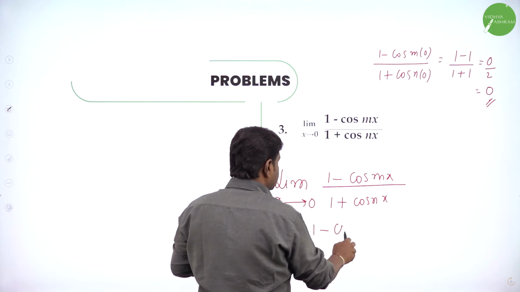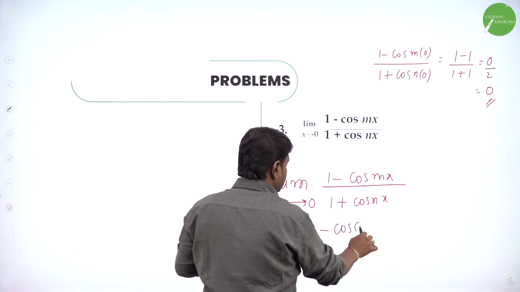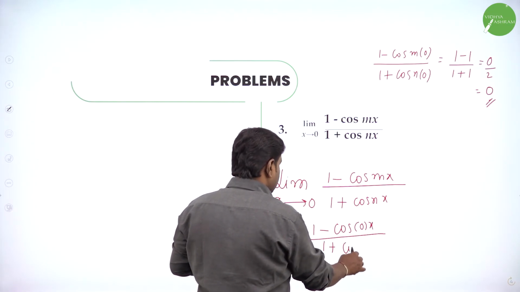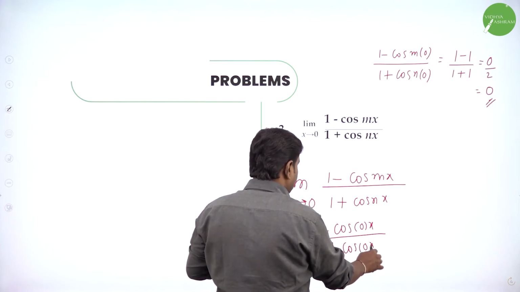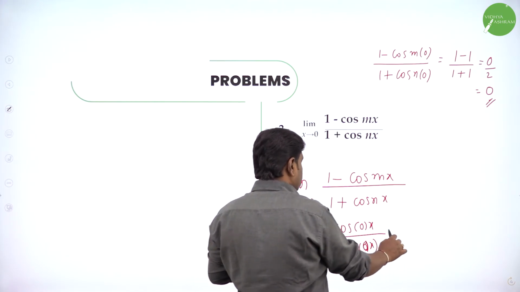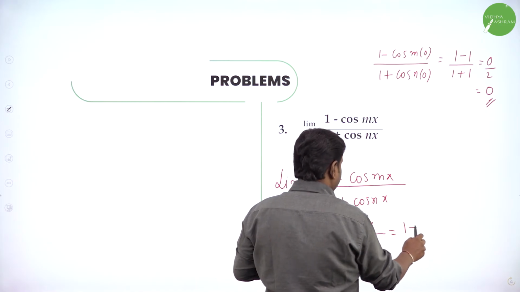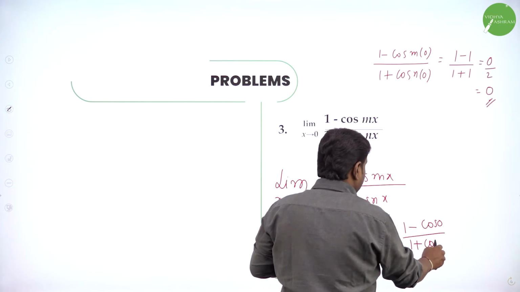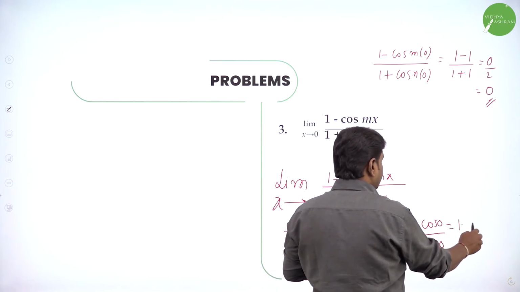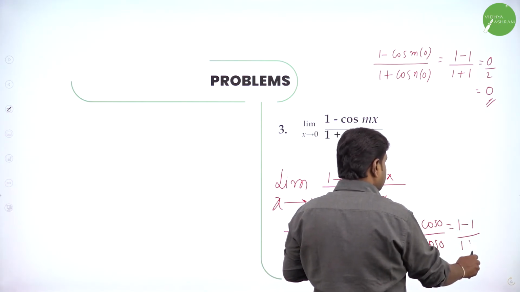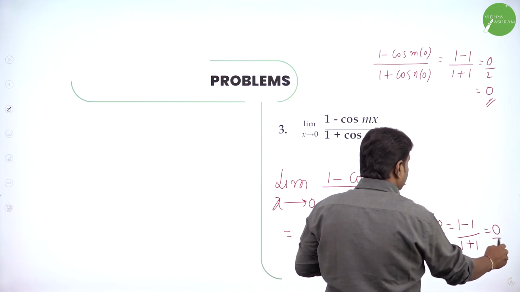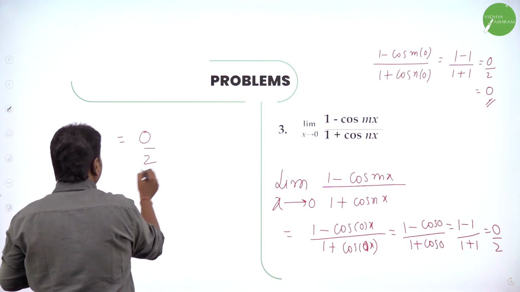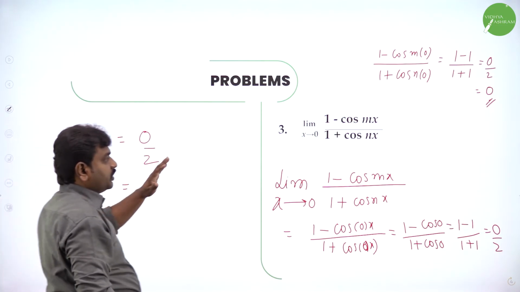It will become 1 minus cos 0, divided by 1 plus cos 0. You know cos 0 is what? 1, so it will become 1 minus 1. Denominator 1 plus cos 0 is 1 plus 1, that is 2. 0 by 2, 0 by a number is 0. So finally you got 0 by 2. 0 by 2 is what? 0. I hope all of you understood this.